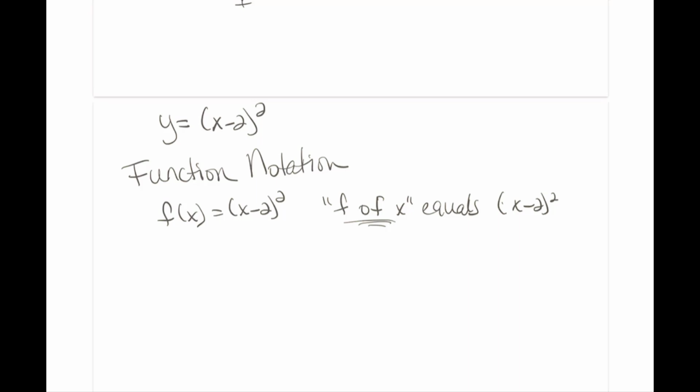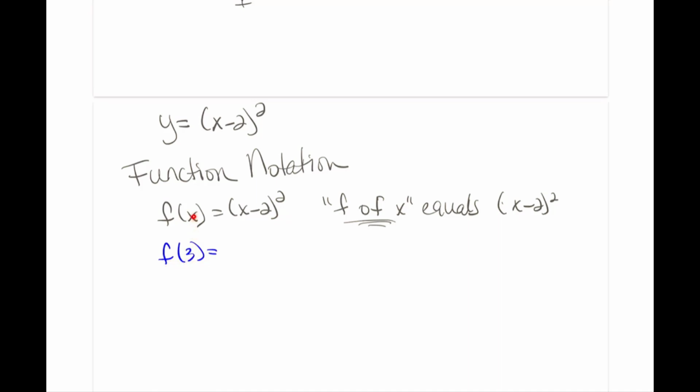So this is great when it comes to looking at inputs and outputs, because let's say I wanted to find f of 3, and I want to know what f of 3 equals. When we're evaluating these functions, if we're just writing the function, it's f of x equals (x minus 2) squared. But now I want to evaluate that function with this 3.